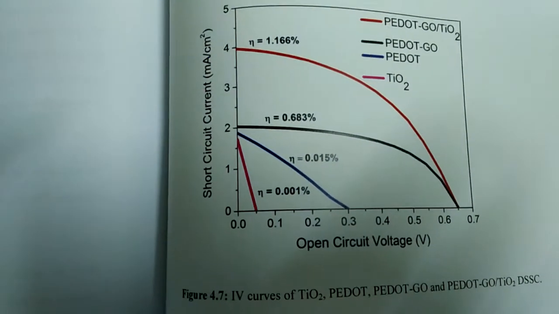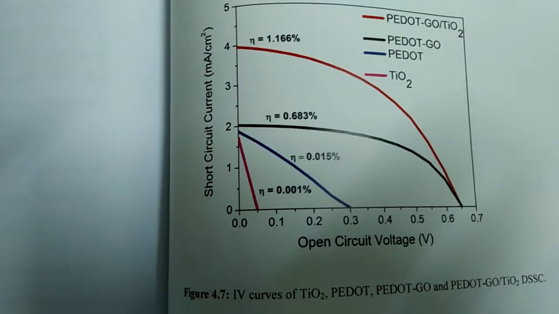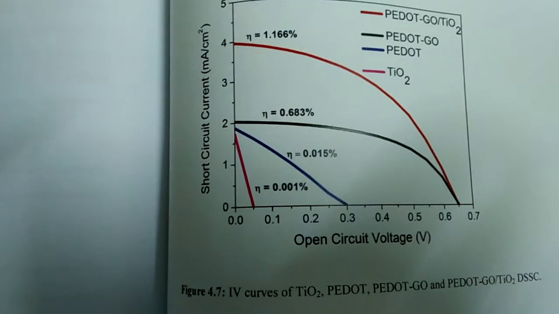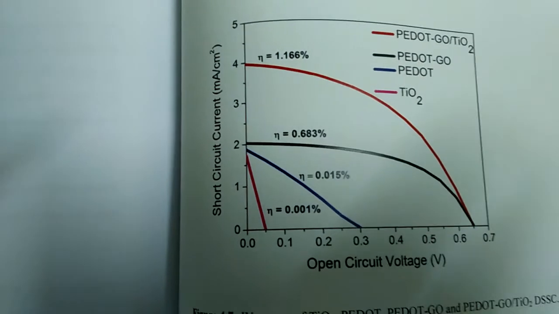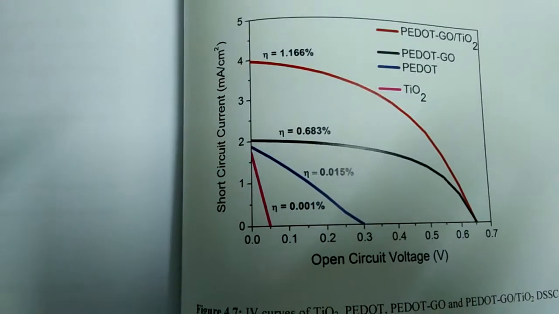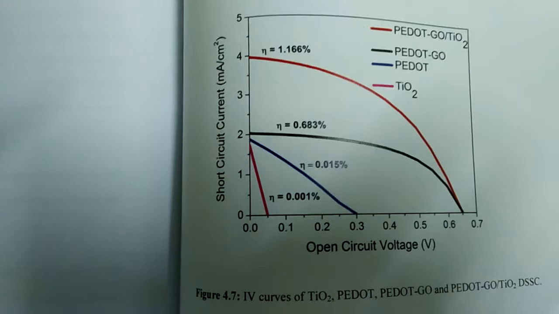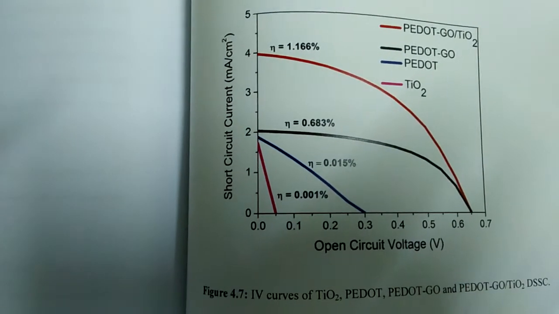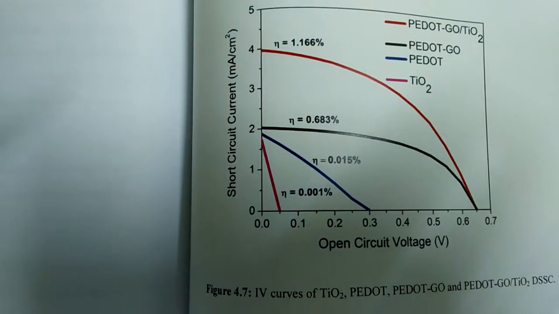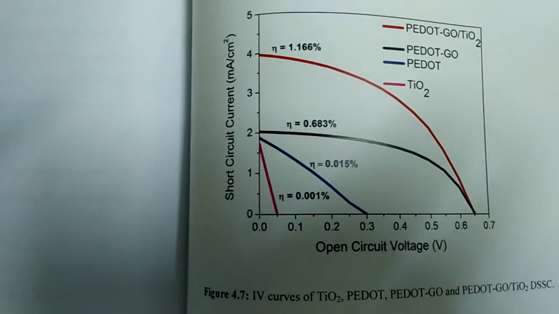And from the CV, the cathodic peak current density must be higher. And the J naught and J lim from the Tafel polarization should be higher. That's how we do the research. The results must tally to have a good research. If it does not tally, it's okay, but you must explain why that happened. So your job will be easier if the results tally.